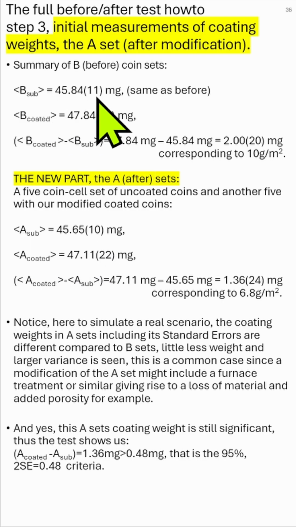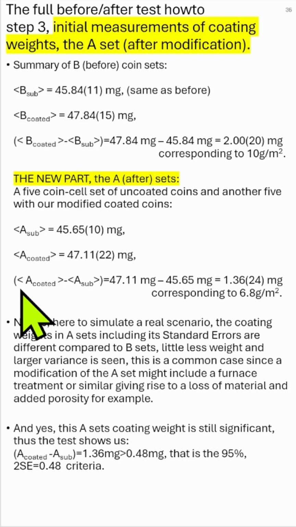Don't reuse the data from here. And then we have the coated coins set with that modified electrode material. We see we get a little bit different weight here, a little bit lower. Instead of 47.84, it drops to 47.11 milligram, and the standard error is 0.22. So it's a little bit larger also compared to 0.15.